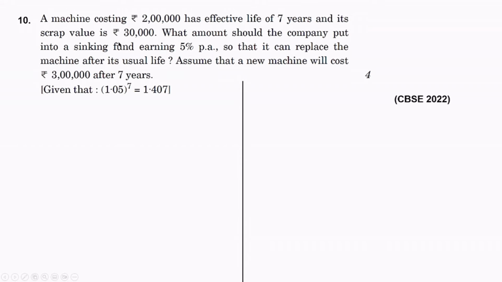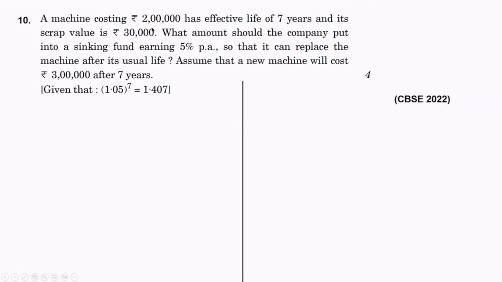Next question, a machine costing rupees 2 lakhs has effective life of 7 years and its scrap value is rupees 30,000. What amount should the company put into a sinking fund earning 5% per annum so that it can replace the machine after its useful life? Assume that a new machine will cost rupees 3 lakhs after 7 years.